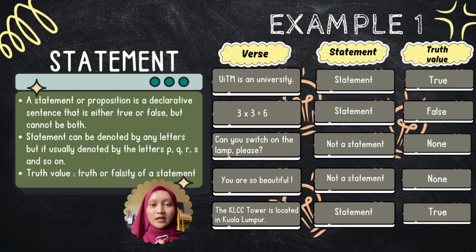On the other hand, "3 times 3 equals 6" is a statement, but its truth value is false because the correct answer is 9. Some sentences such as "Can you switch on the lamp please?" and "You are so beautiful" are not statements because they do not declare facts. They are instead a request or an expression.